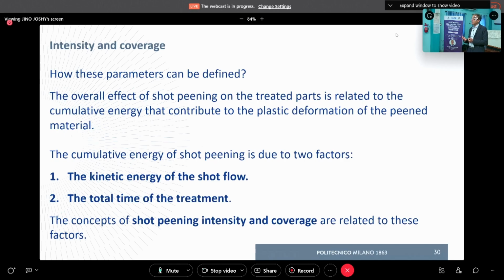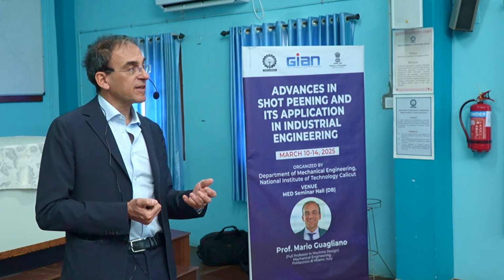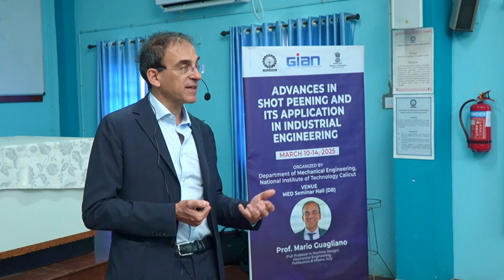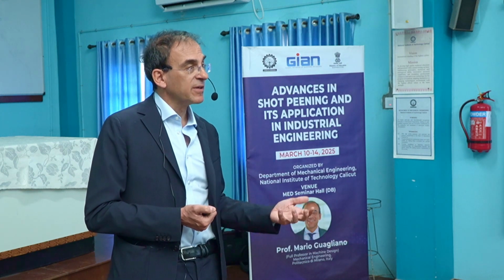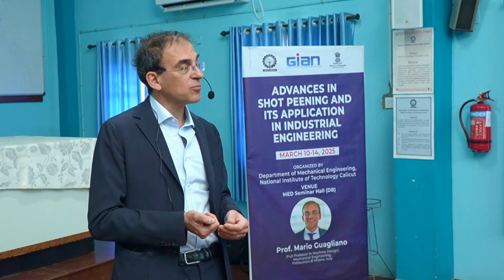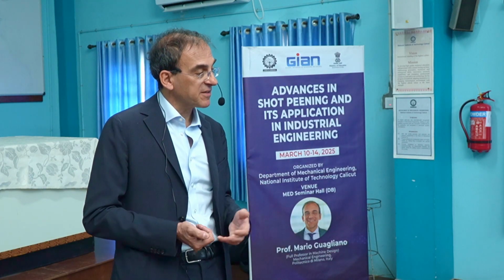Finally, we can say that it's related to the velocity, to the impact, but finally to the energy that is associated with the treatment. Whatever machine we are using, we have kinetic energy and impact energy for wheel peening machines, and the same kinetic energy associated with air peening machines.